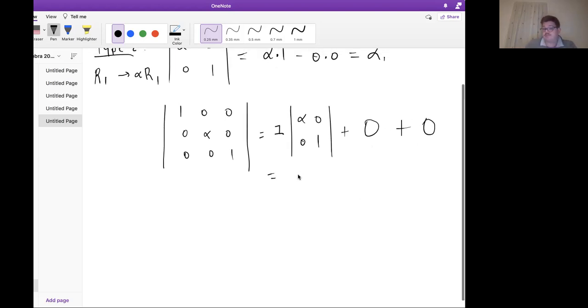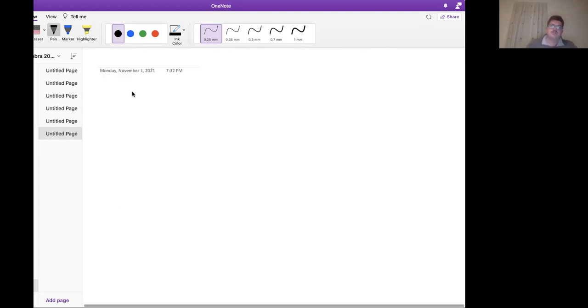So similarly, the determinant is just alpha. And then can someone say what's the row operation for this matrix? Yeah, row 2 to alpha row 2. All right, now let's do 3 by 3.